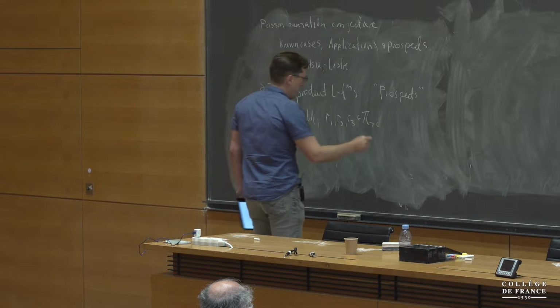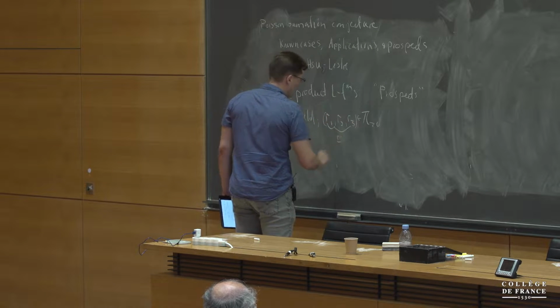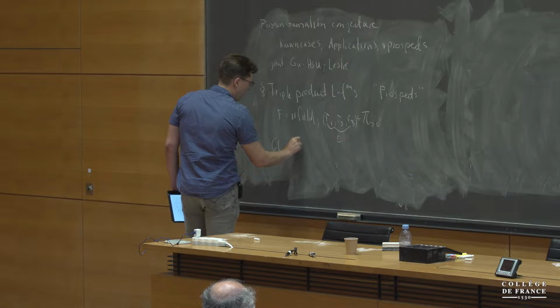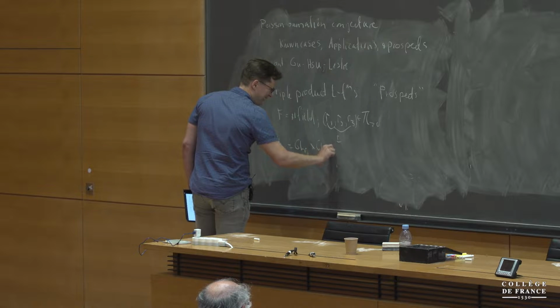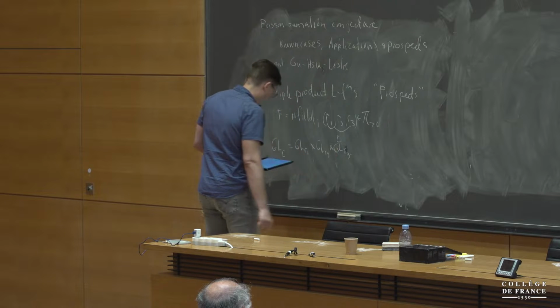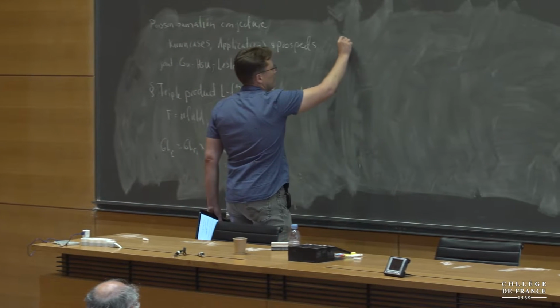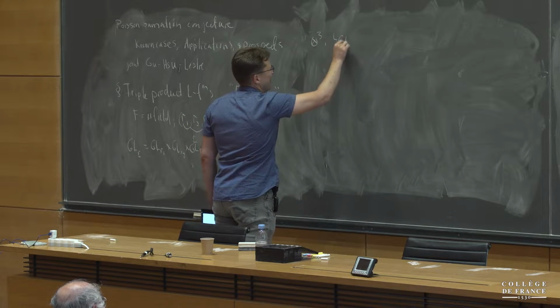I'll let this triple be R underline. And I'll look at the product of the three general linear groups. And by the triple tensor product, I mean the Langlands L-function attached to the tensor product representation.